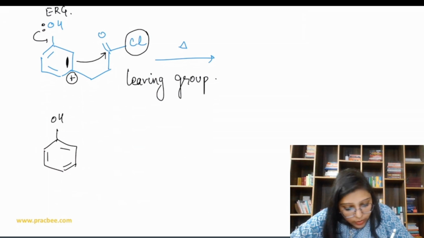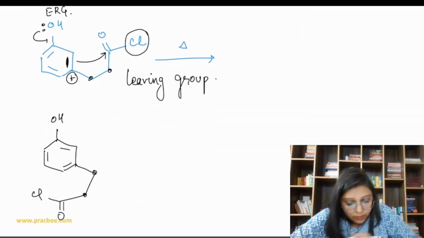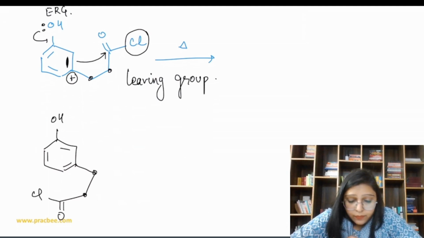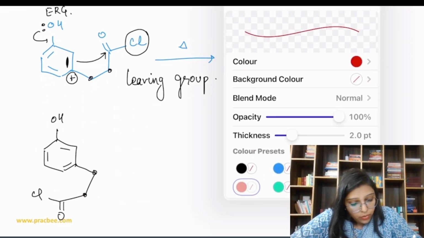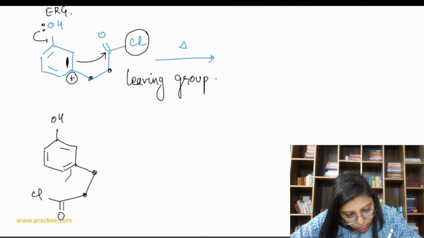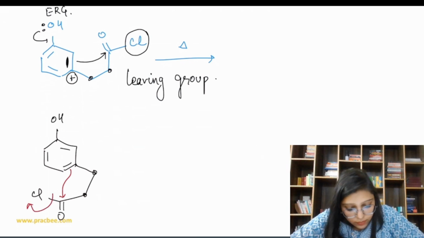Okay, so this is OH, 1, 2, this CH2, CH2, CH2, CH2, then double bond O and Cl. Okay, clear? Now if this is going to attack over here, so Cl leaves.